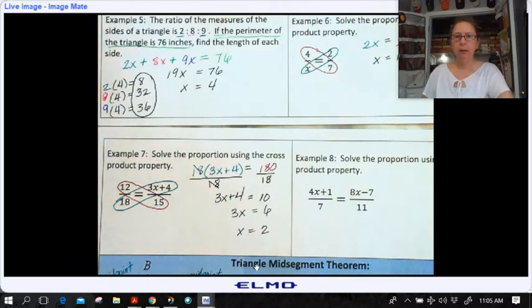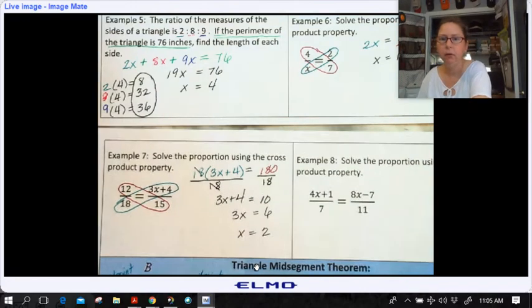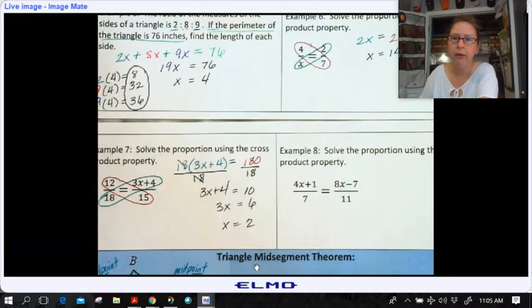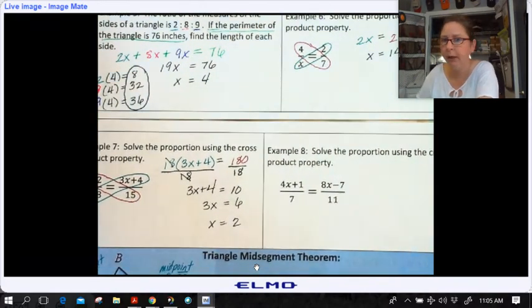All right, let's do our last example of just solving a basic proportion. Okay. I'm going to again demonstrate using my cross product property.